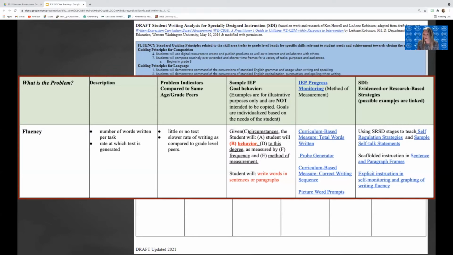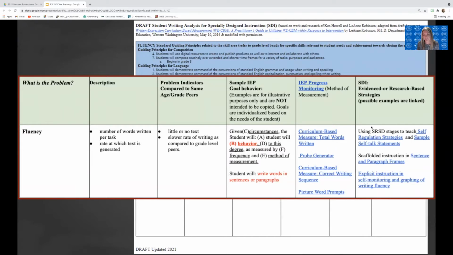And then these are some strategies. So we have tried to give you a tool all in one document to be able to identify the problem. You can also use these as an assessment at the beginning if you want to. If you don't have something like that, then you can use the tools to determine your baseline data, figure out what the problem is, be able to write a goal for it, and be able to teach it.